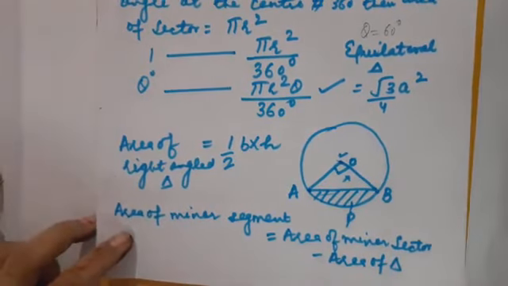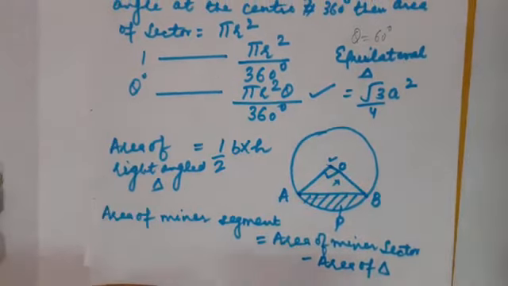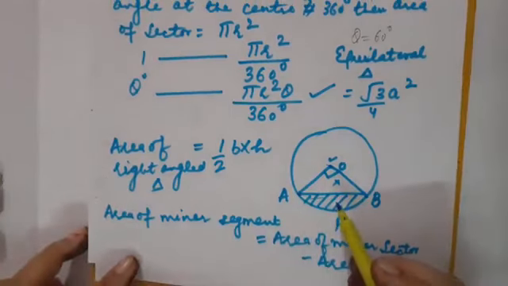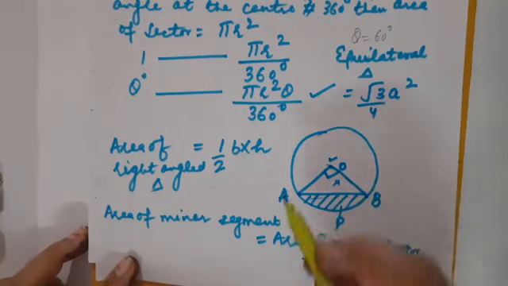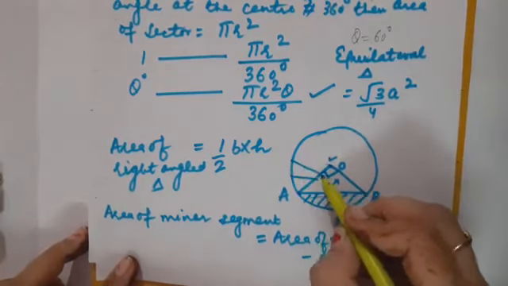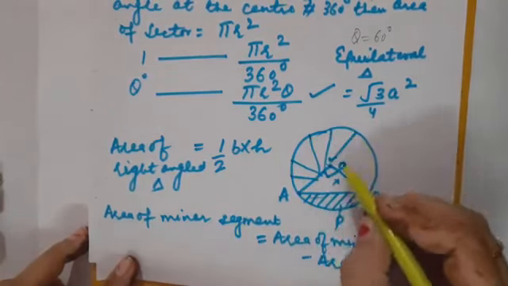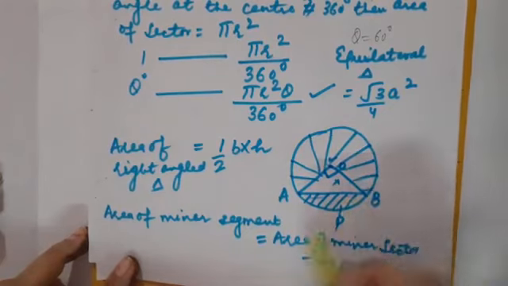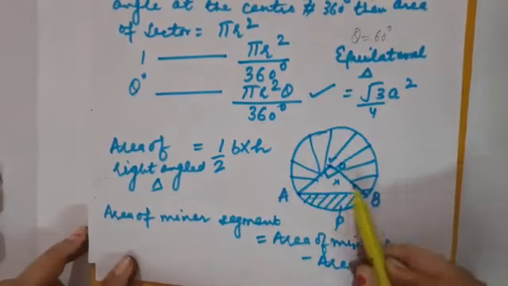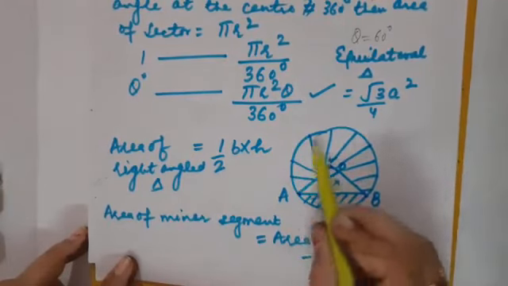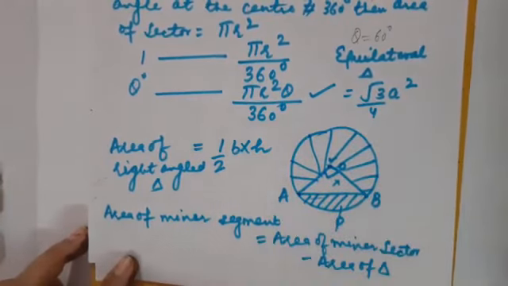Got it or not? Now children, in the same figure I am going to explain to you. Suppose you have to calculate the area of the major sector. First of all, I am going to shade the major sector, this complete part. How will you give the name? OABO. Correct? This is complete major sector. So how to calculate its area now?